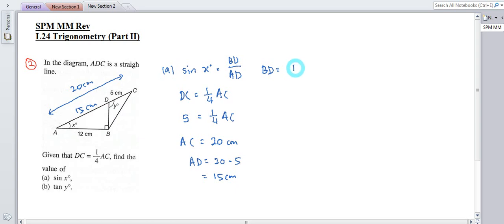You remember, 15 squared minus 12 squared, square root. Just press the calculator, you should be able to get the answer. You get 9 centimeter here. So we know here is actually 9 centimeter.